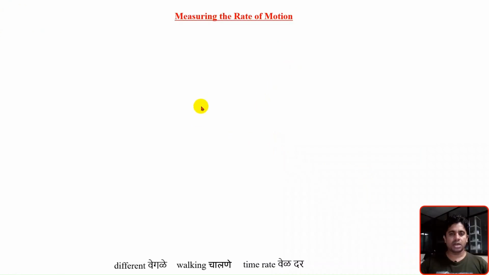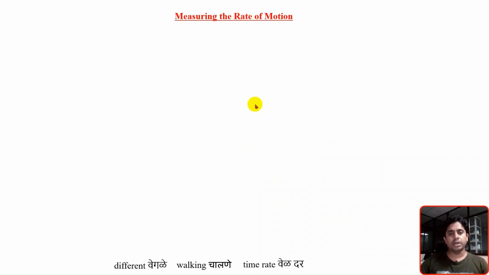Hello everyone. In earlier videos, we have discussed uniform motion, non-uniform motion, increasing non-uniform motion, and decreasing non-uniform motion. In this video, we will discuss how to measure the rate of motion. We have studied different motions, but how to measure the rate of those motions, that we will discuss in this video. Regarding this, there are two terms with which we will measure the rate of motion.